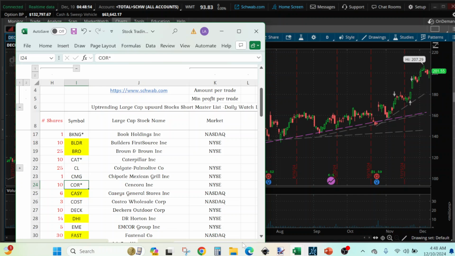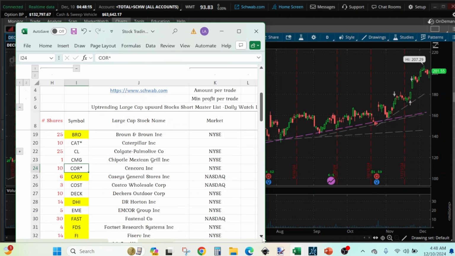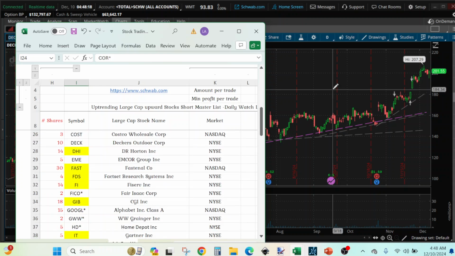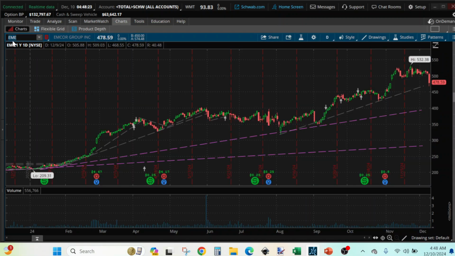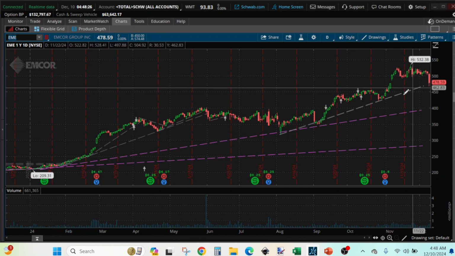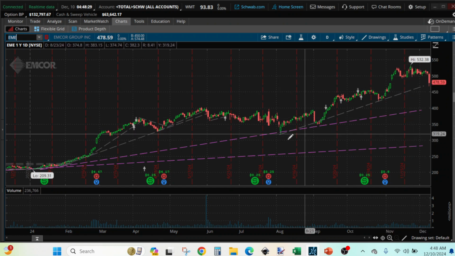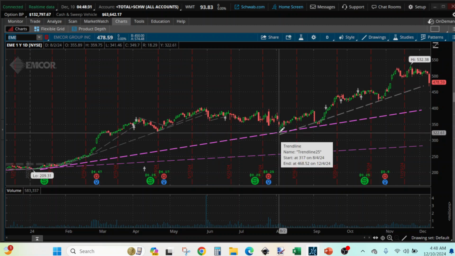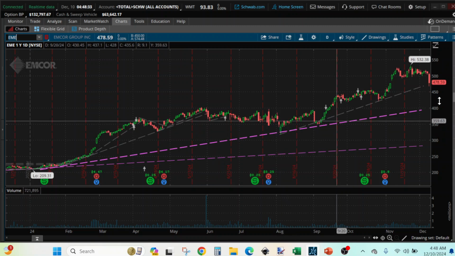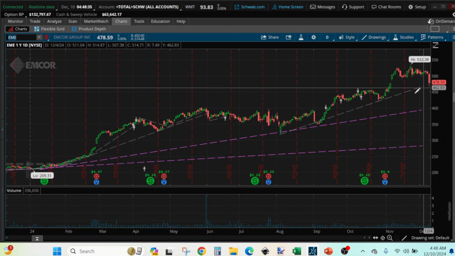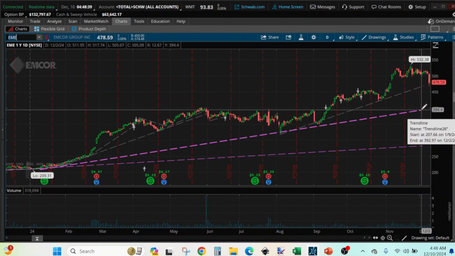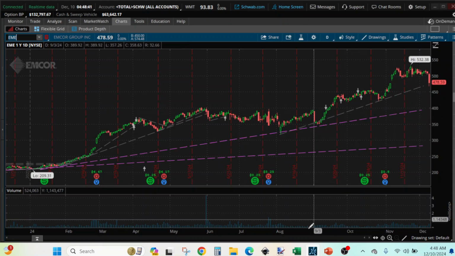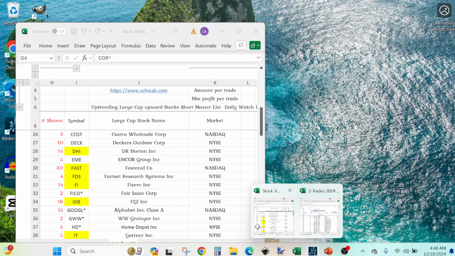So EME. There is that trend line, 2 months or so of trend line that it is falling off of, but we are targeting the purple one, and it's not close to it just yet.